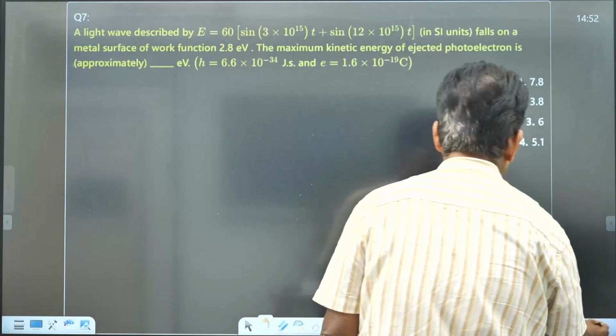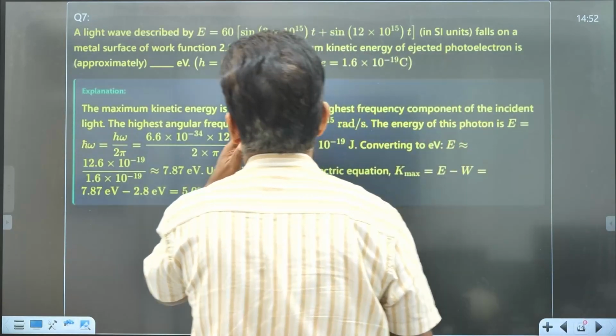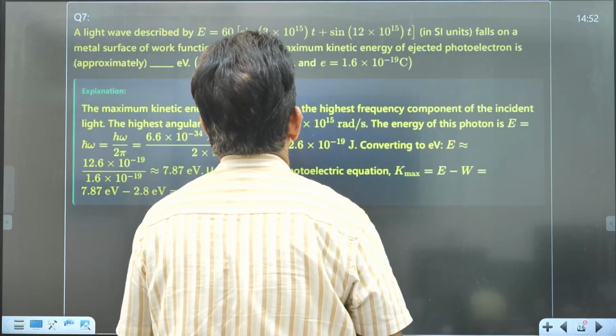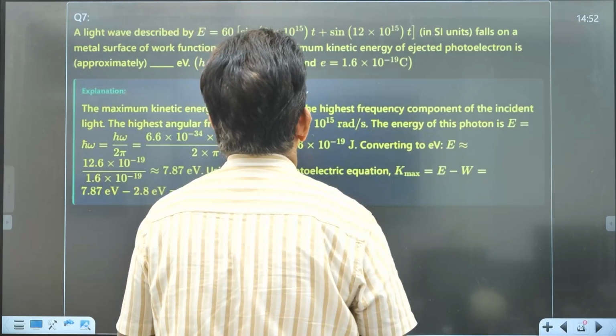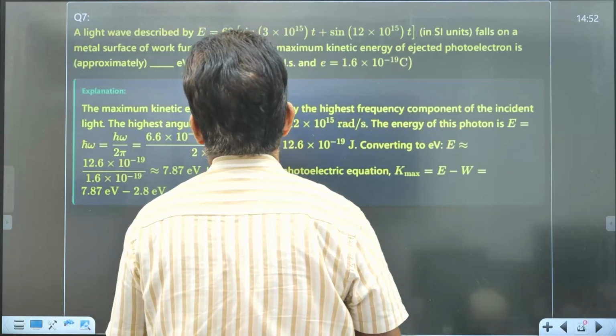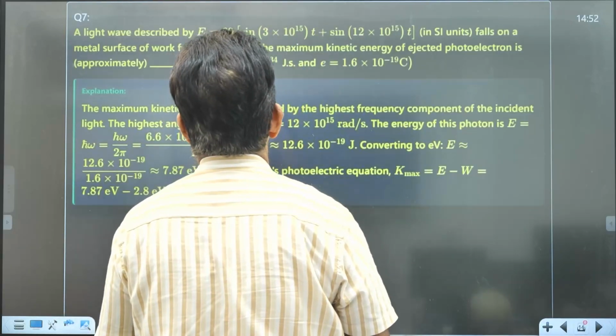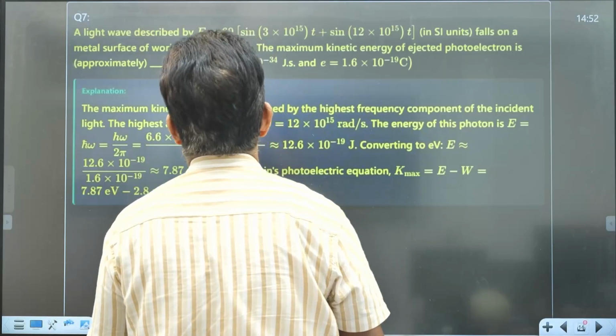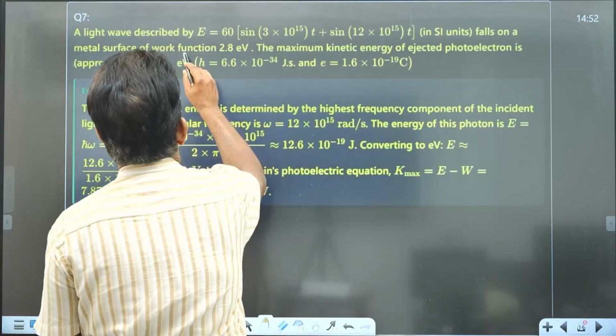I will go to the explanation along with it. Light of energy 6 into sine 3 into 10 to the power of 15t plus sine 12 into 10 to the power of 15t falls on a metal surface of work function 2.8. Find the maximum kinetic energy of the photoelectrons. Work function is given.